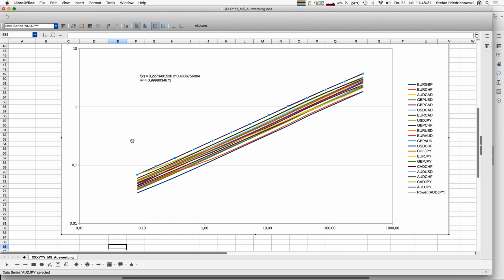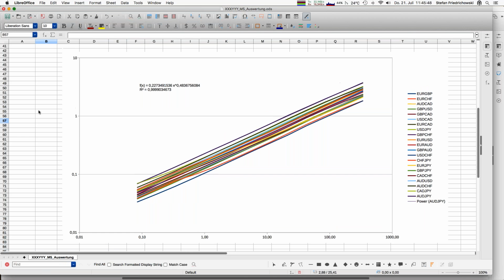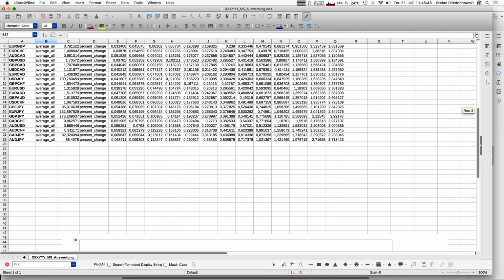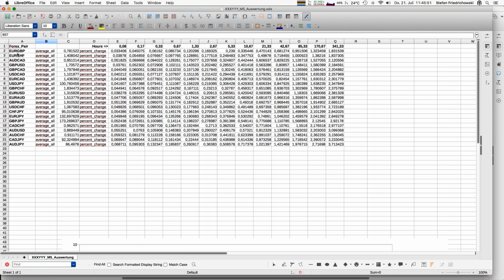So we see a small hint of the randomness within all our underlyings. But once again, as we concluded already, there are favorites with stronger movements, and the list we have here shows the smallest movements in Euro, British Pound, Euro, Switzerland, and so on, and then it goes up to Australian dollar, Japanese yen.